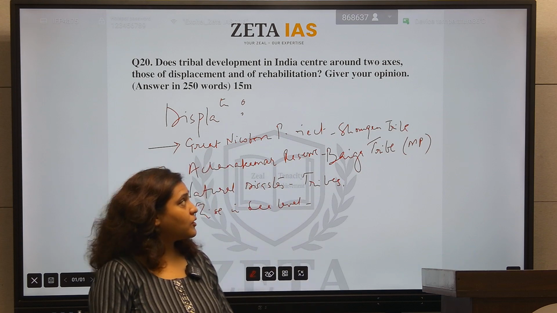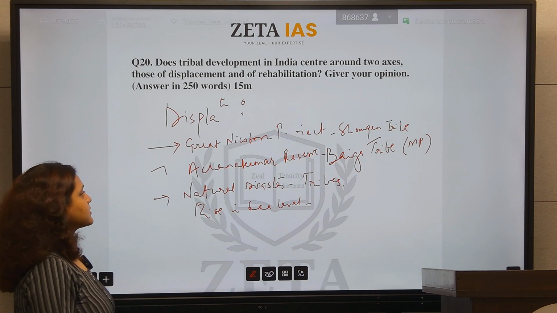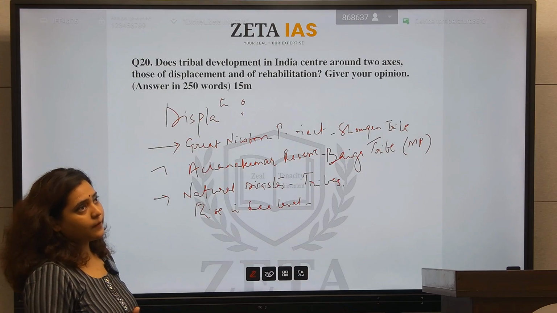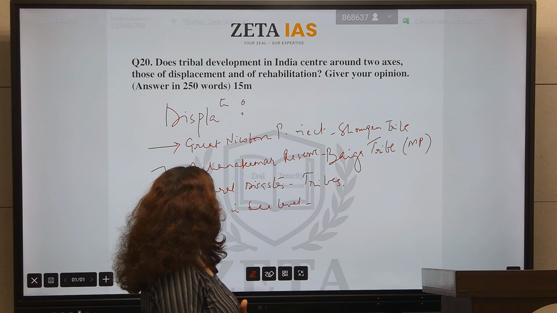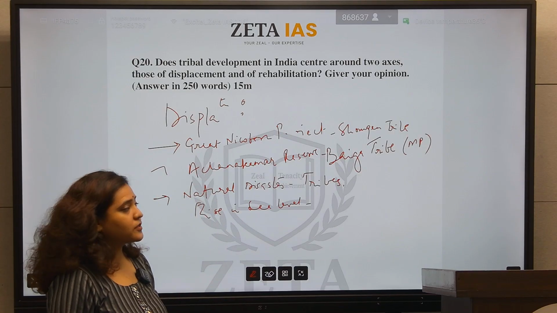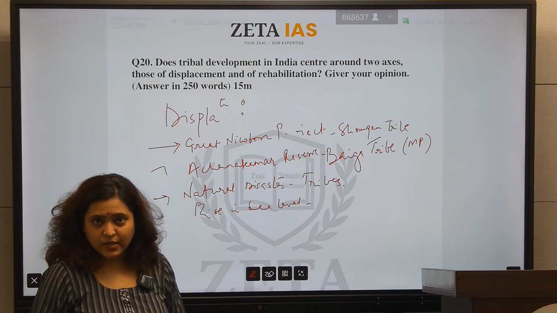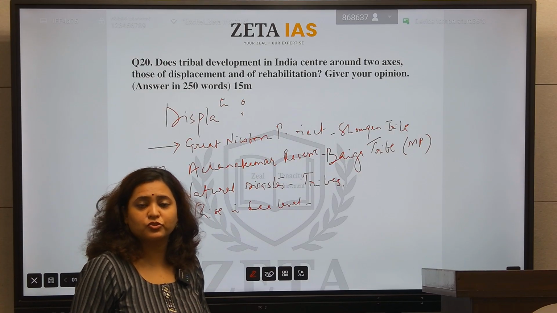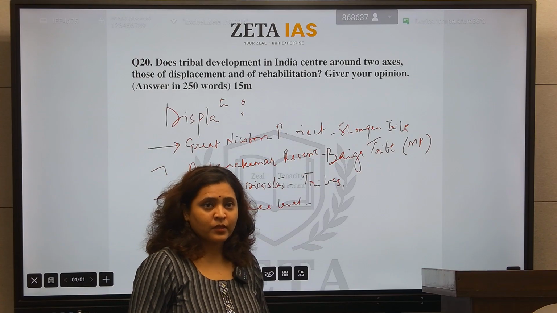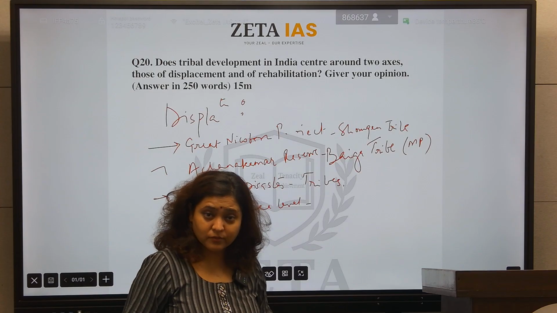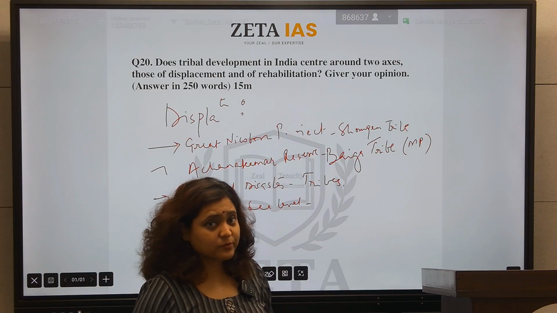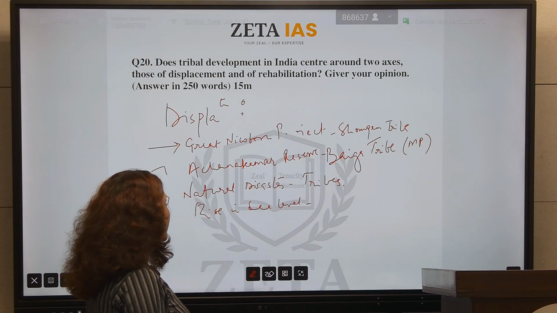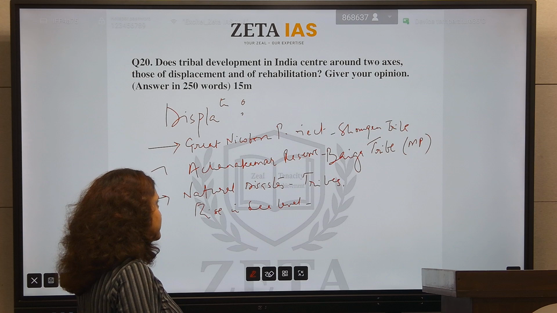So displacement has been one issue that is affecting tribes the most, and it is a very pertinent issue. It has not gone away. Even if a lot of other measures have been taken and a lot of other efforts are made, the displacement has not gone.